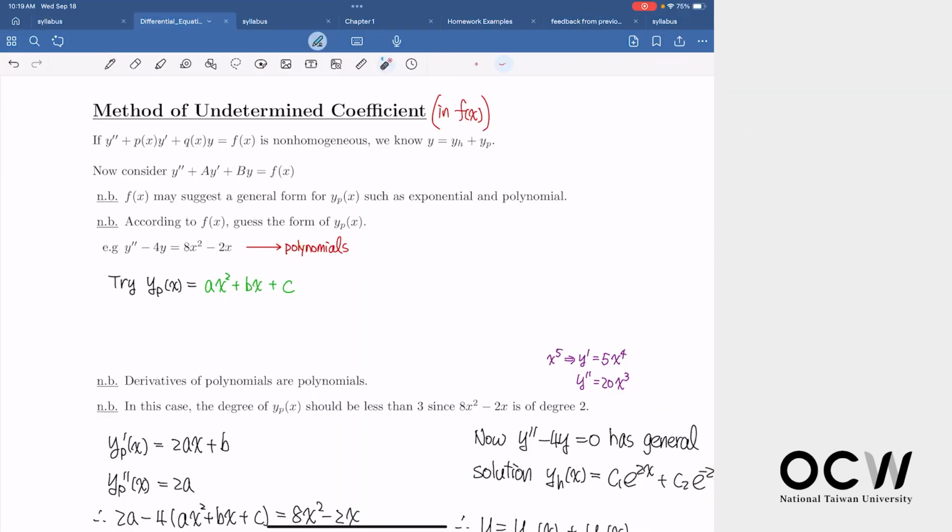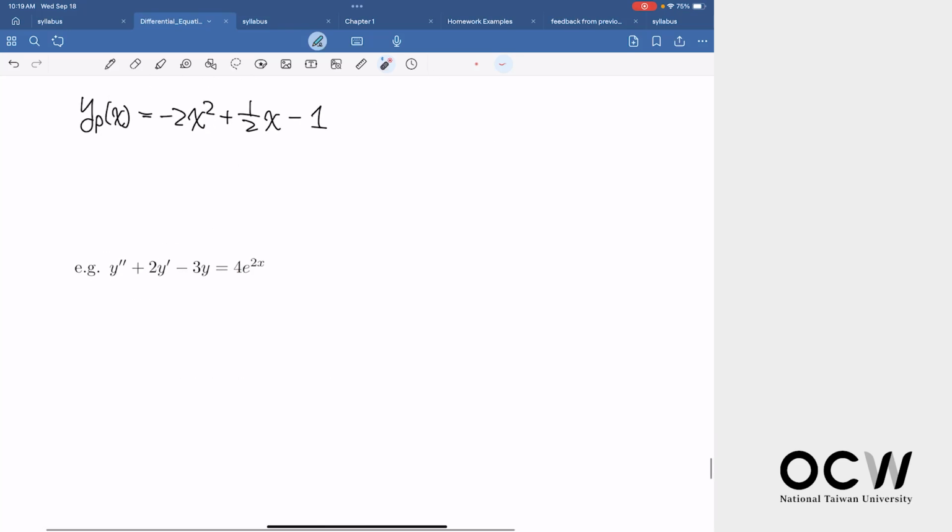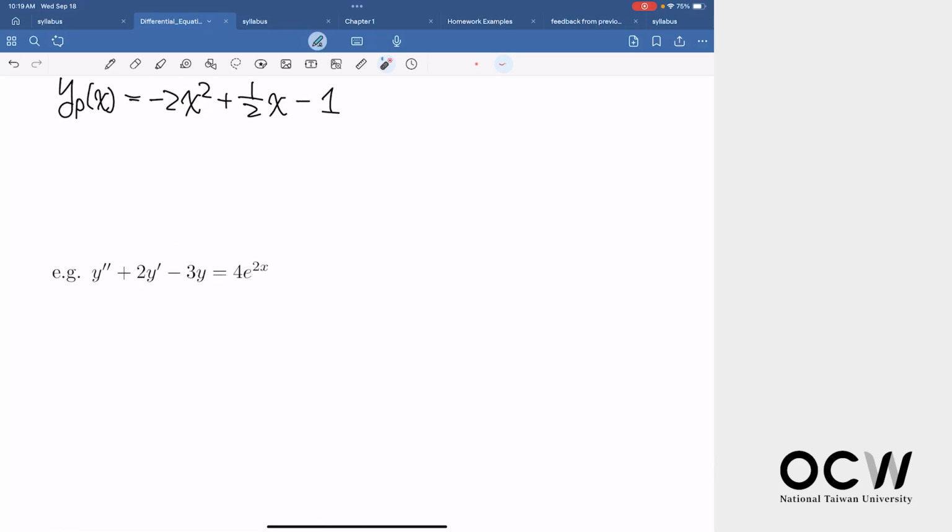Here, let's see the example. If the forcing function, obviously this is a non-homogeneous equation, is exponential, then our particular solution should also be related to the exponential. So here is a note.